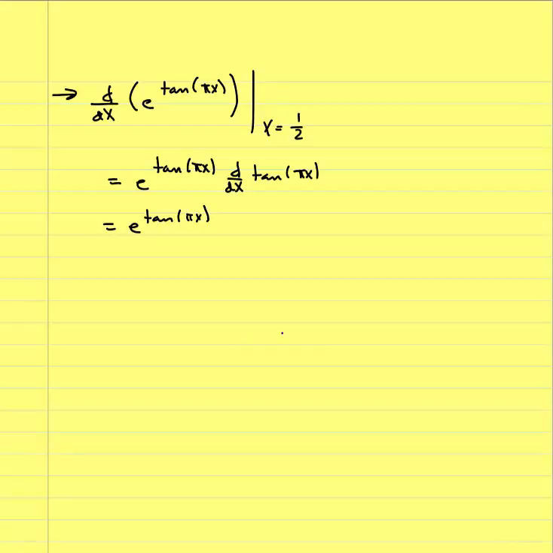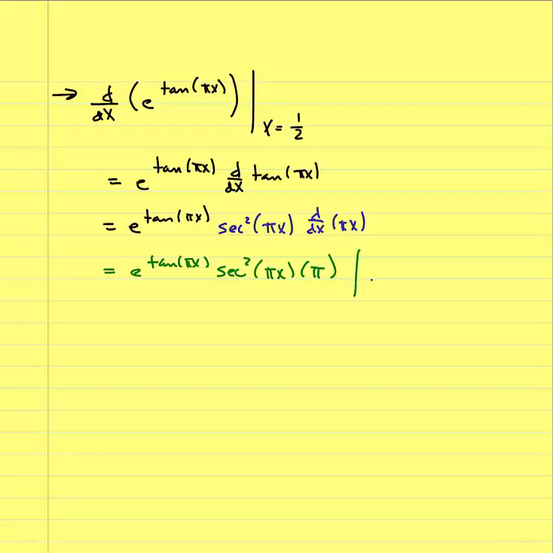Then the derivative of tangent pi x: the derivative of tangent is secant squared pi x times the derivative of pi x. I'm taking that chain rule as coming into play here. So this would equal e to the tangent pi x, doing one chain piece at a time, secant squared of pi x, and the derivative of pi x is pi.